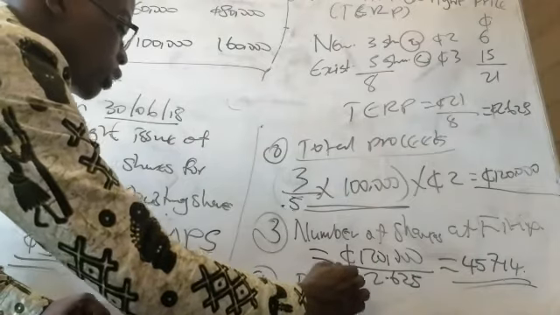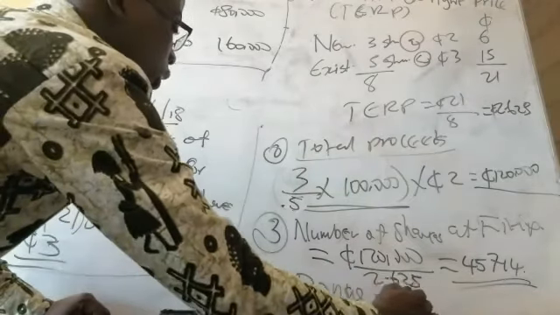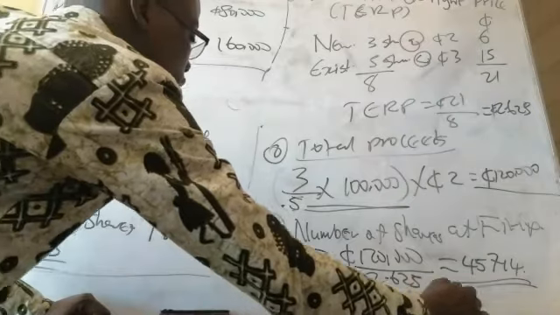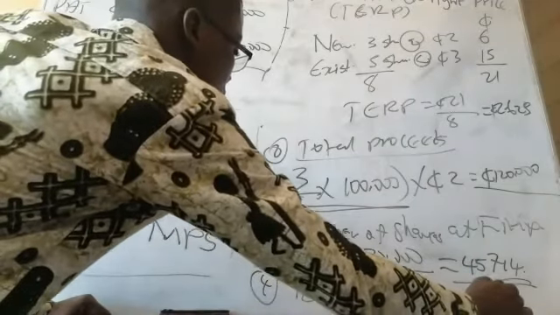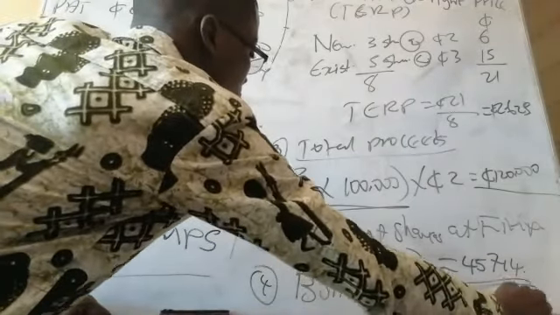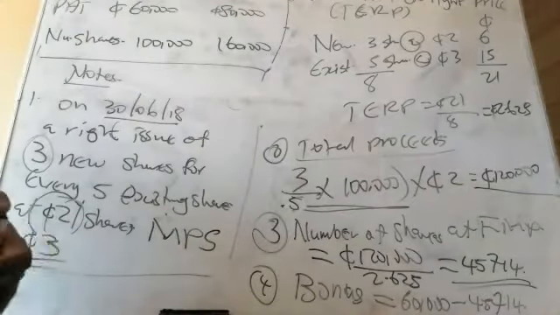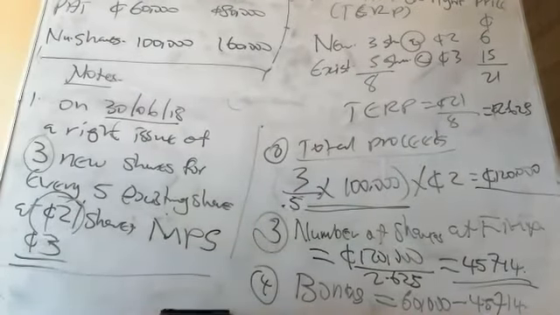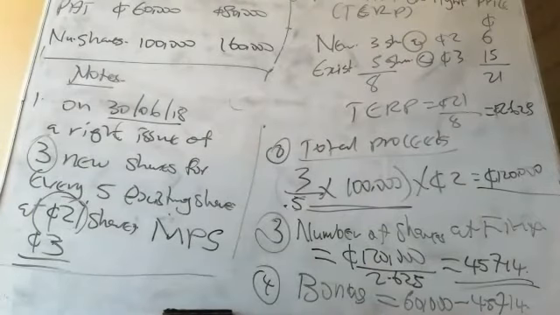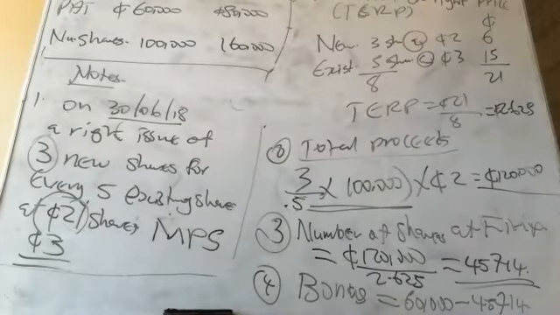So the bonus issue will be equal to 60,000 shares that is issued minus the 45,714. So basically, 60,000 less 45,714. That'll be 14,286. So that's the bonus element.